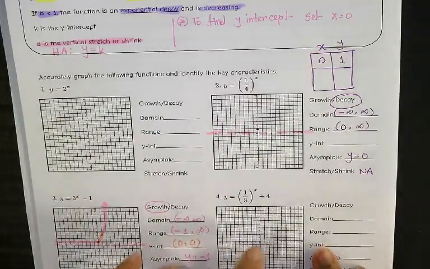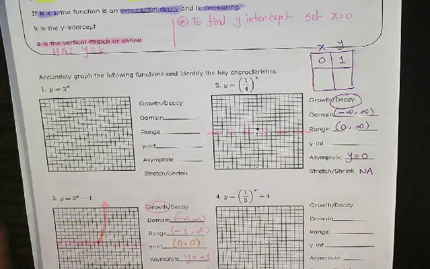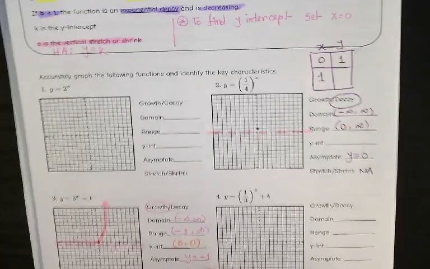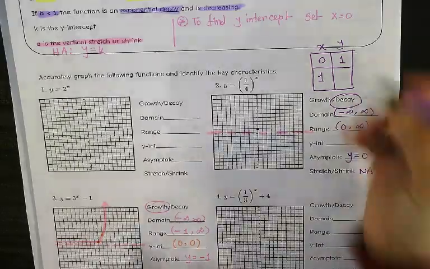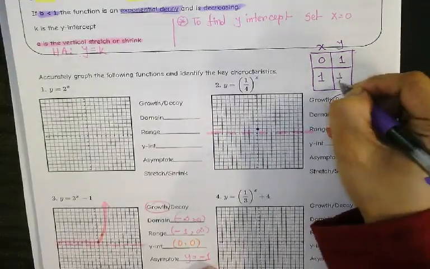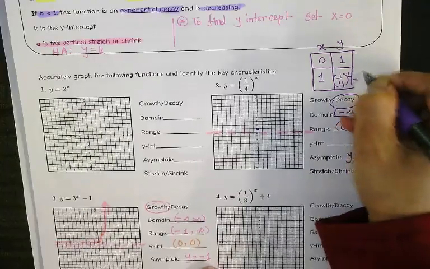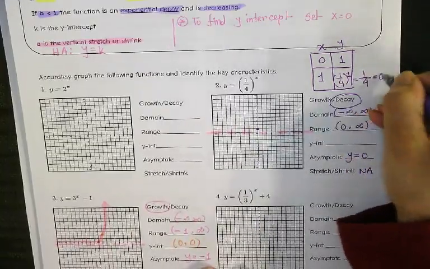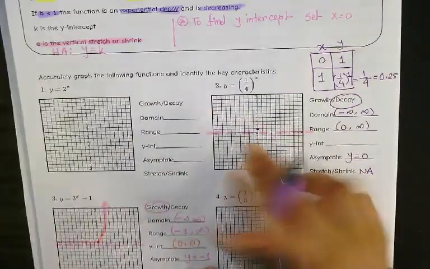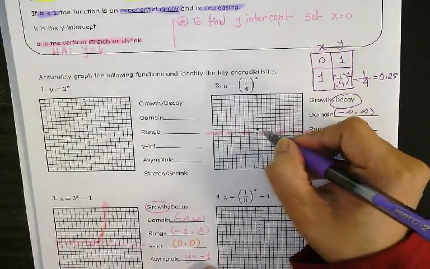Now, over here, I need at least one more point. So let's plug in 1. X value is 1. What will be the y value? 1/4 to the power 1. It's going to be 1/4. What's the decimal value? Just to plug it in. 0.25. So for 1, it's going to be 0.25.